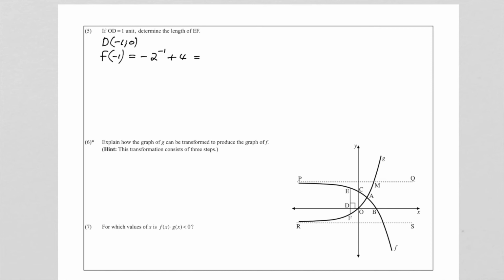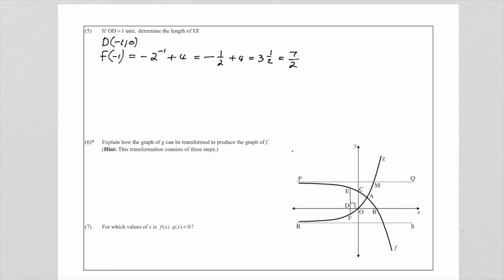That negative is outside. 2 to the minus 1 is the same as a half, plus 4. So that means our answer will be 3.5, or we can write it as 7/2. So that is then the y value if x is -1.